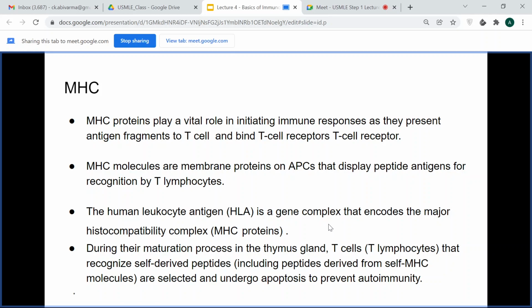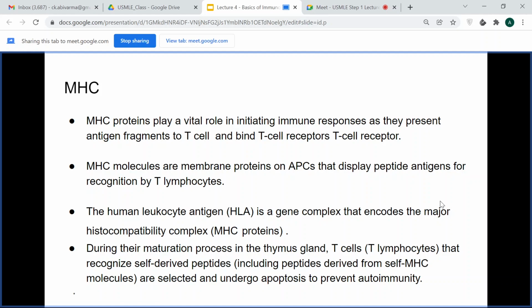Yeah. So I'll just continue on with the MHC molecules. Major histocompatibility, like I was saying, was initially discovered in transplant medicine. Because each individual has small variations in the proteins that make up the MHC molecule, it acts almost like a fingerprint.